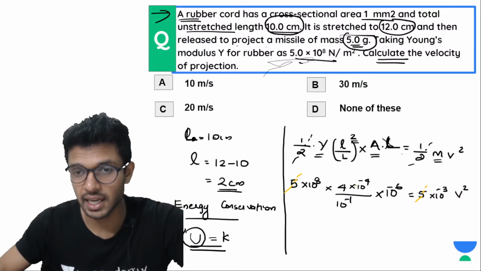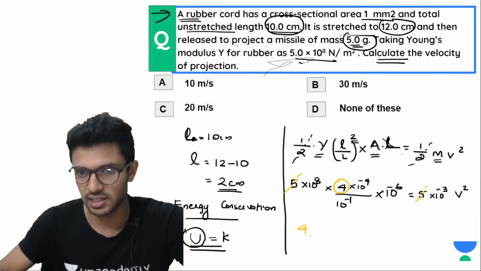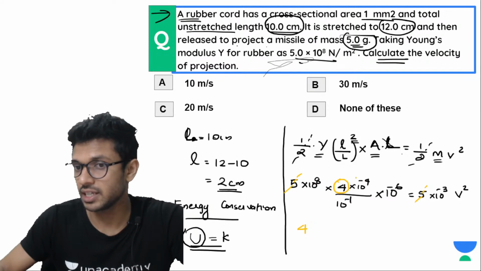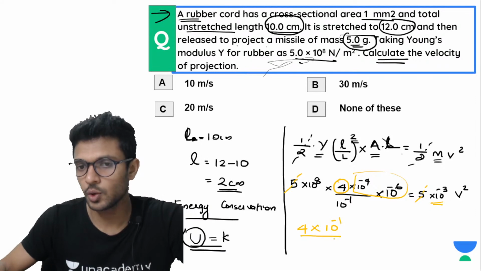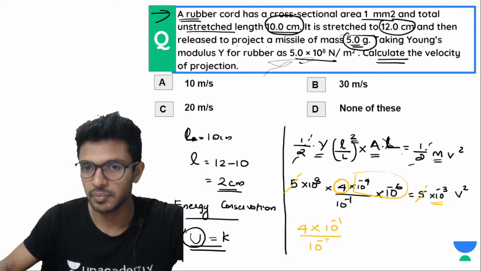Now what is left? This 4 is left, so I'm going to write it there as such. 10 power minus 1 goes up as 10 power 9. Okay, so this becomes 10 power 9. 10 power minus 4 into 10 power minus 6 is 10 power minus 10. So remaining, how much will it be? That is 10 power minus 1. This 10 power minus 3 will go as the denominator on the left hand side. I'm going to write the same, is equal to v square.